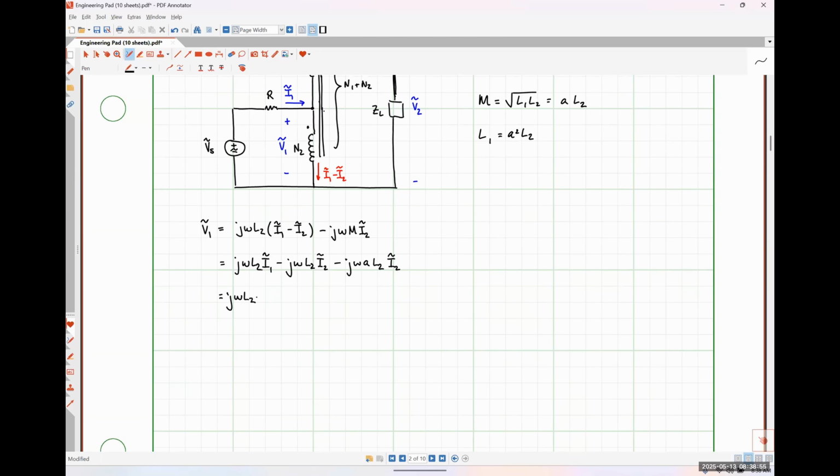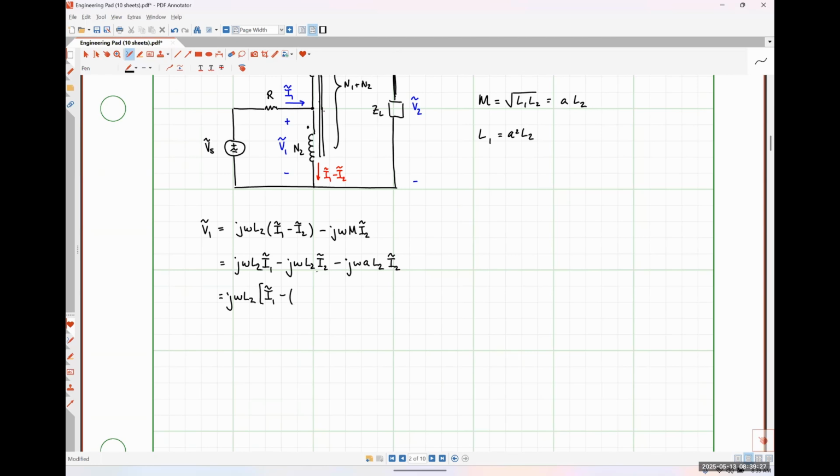Then I'm going to have I1 by itself, and then minus.